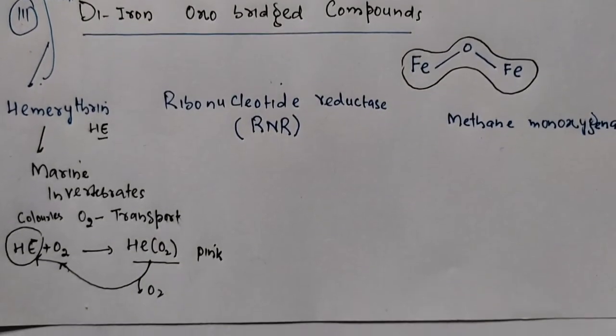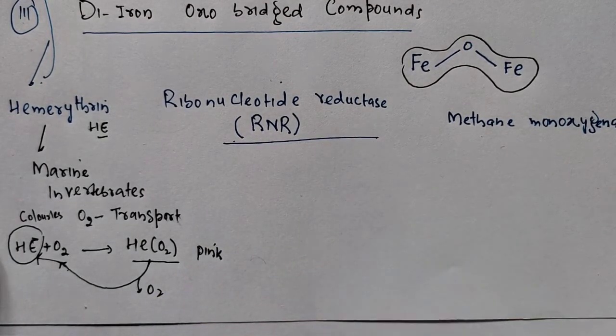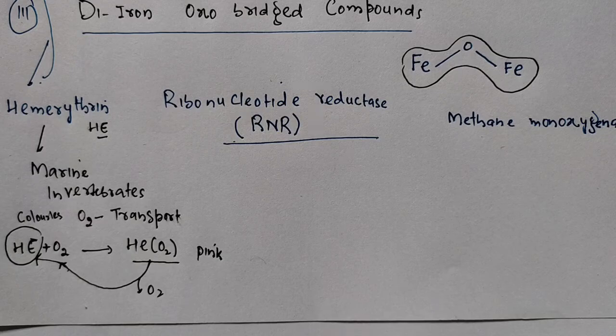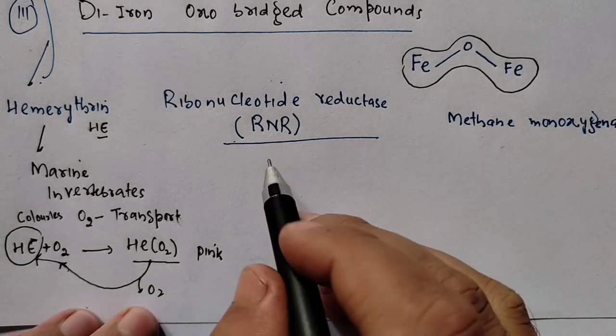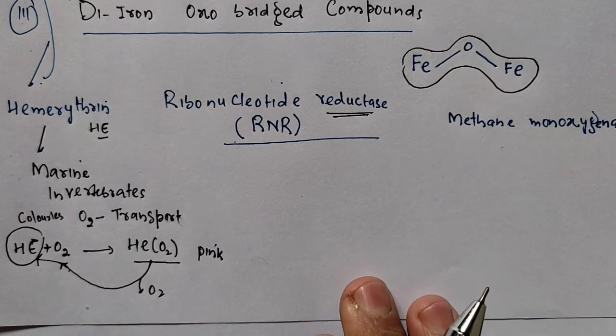Now let's move to the next one, RNR, ribonucleotide reductase. As the word says, it is a reductase. It does reduction, either addition of hydrogen or removal of oxygen.